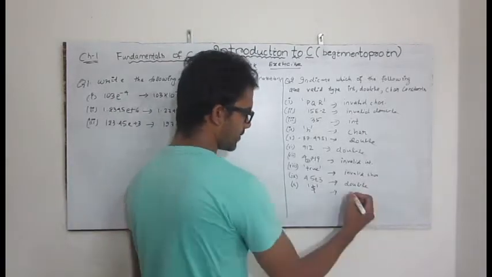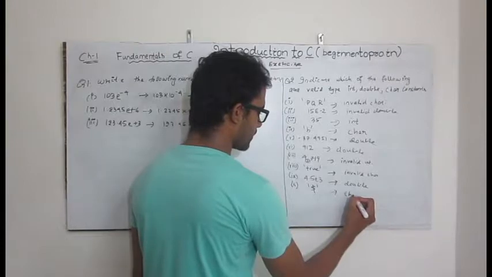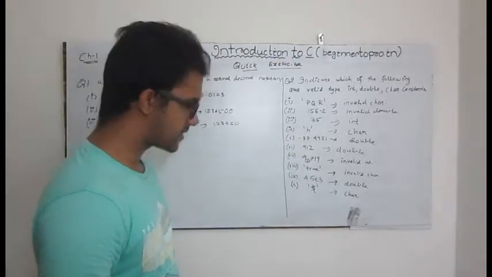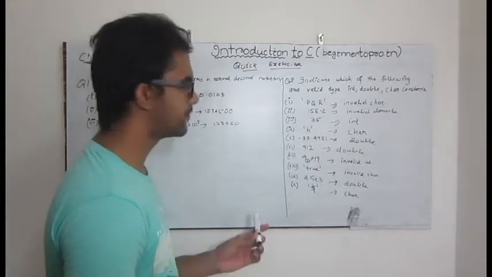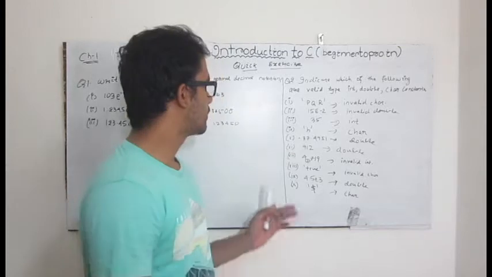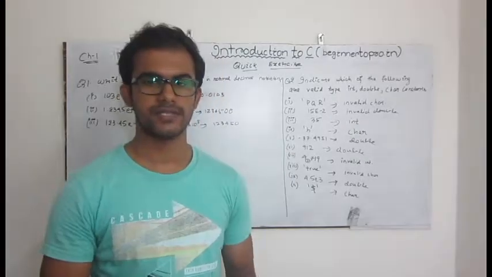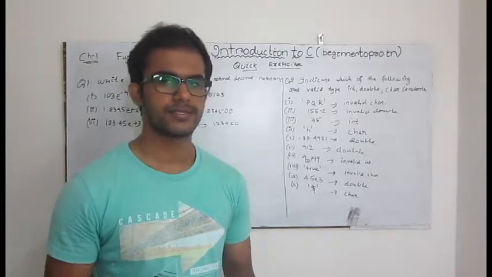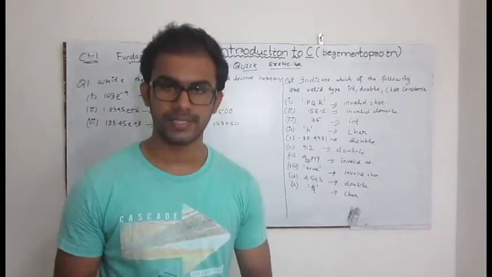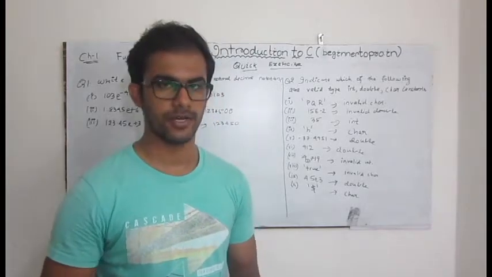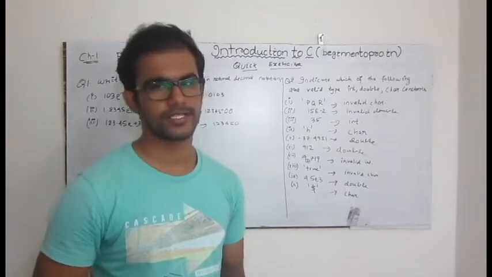This will be character. So it is all about the quick exercise up to which we have completed. Next, I'll make you learn what are the assignment statement, input operation, function call, and errors, logical errors, syntax errors, then prompting message. We'll focus on that. So let's move on to our next part.